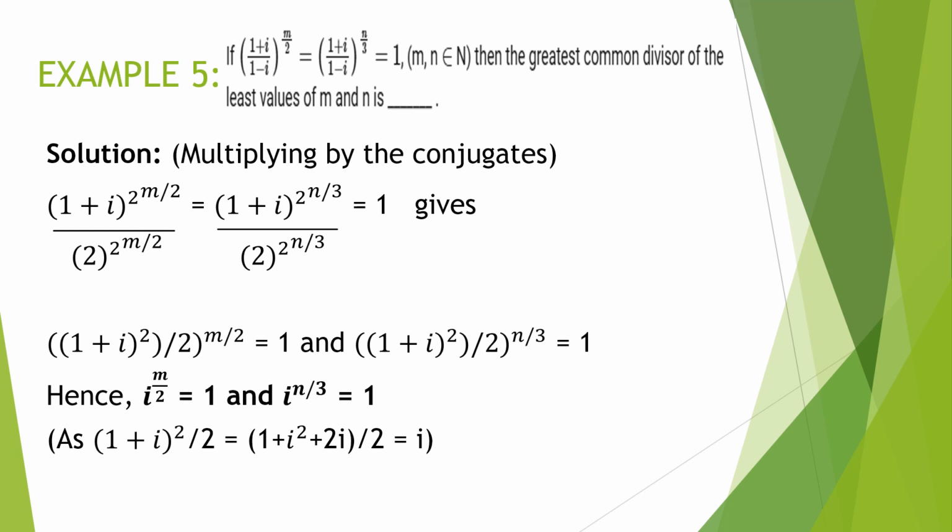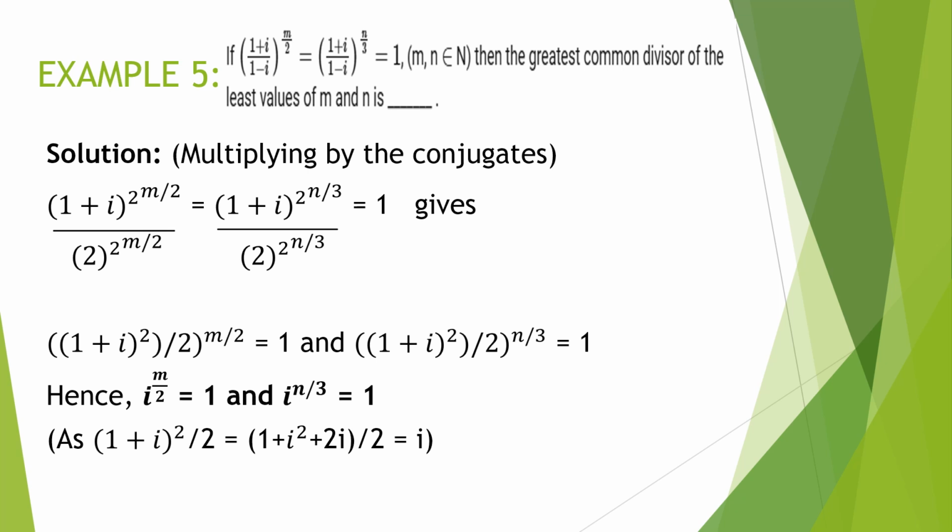It is given. So what do we get? ((1 plus i) square by 2) whole raised to m by 2, and ((1 plus i) square by 2) whole raised to n by 3, both of them are equal to 1. Now, thus what do we have? What is this?